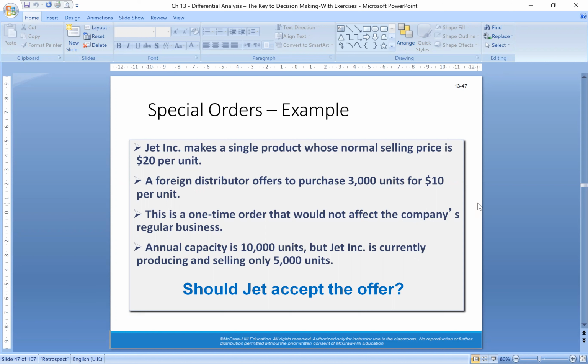Annual capacity. The word capacity is important here. Why do they give us the capacity for 10,000 units, but Jet Incorporated is currently producing and selling only 5,000? We heard about this word in chapter 1. If you remember, the example was the company capacity ranges from 18,000 to 22,000. What is the point that it is related to the capacity?